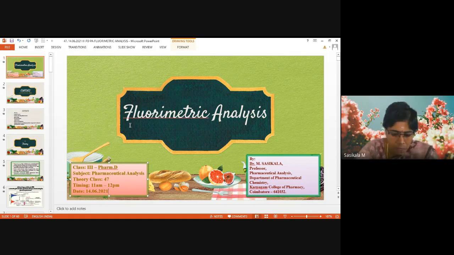Okay, molecular absorption spectroscopy. What is the example for molecular absorption spectroscopy? Can anybody say? No answers.